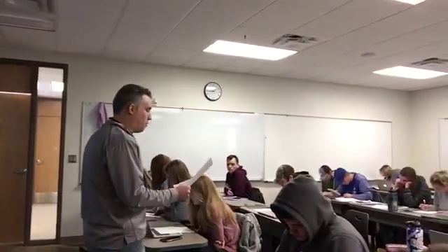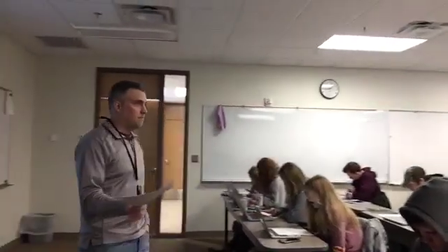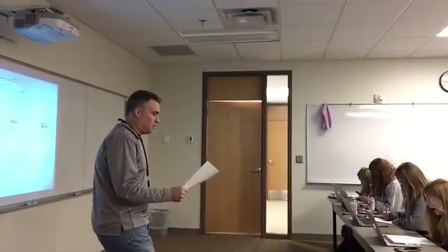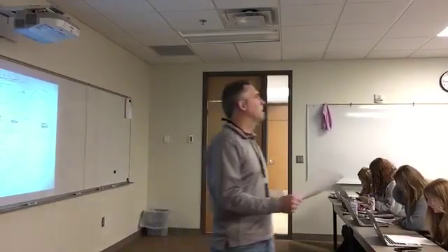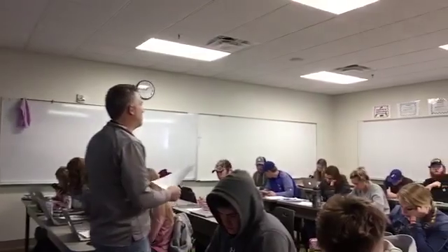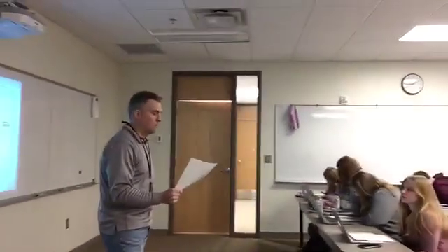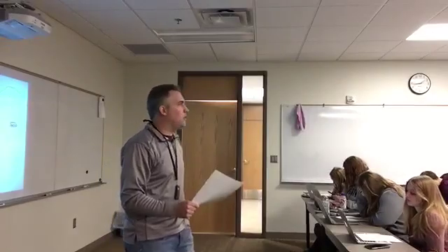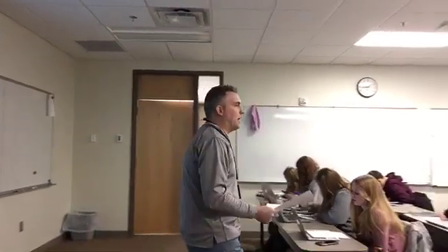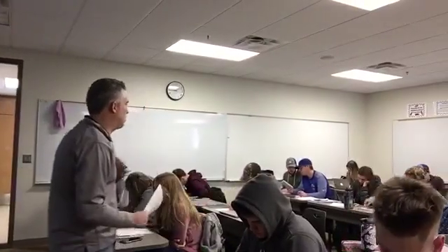Starting on number 4, the price of your jeans is X. It can be any price. Okay? So the first 3, standard number 2 says reason abstractly and quantitatively. The first 3 you are reasoning quantitatively. For 4 through 8 you are reasoning abstractly because you're using the variable X instead of an actual numbered price.